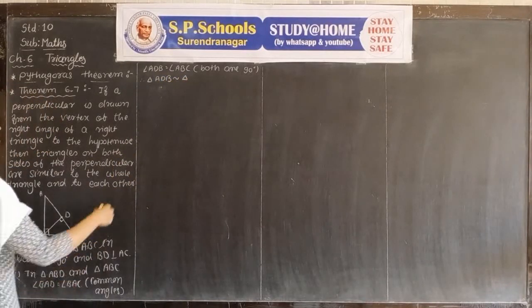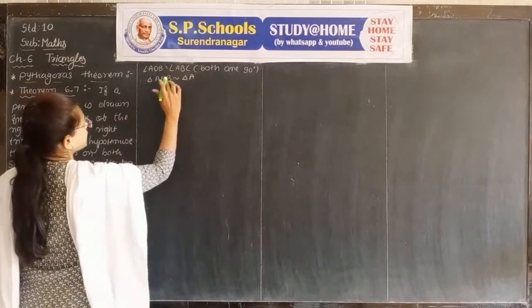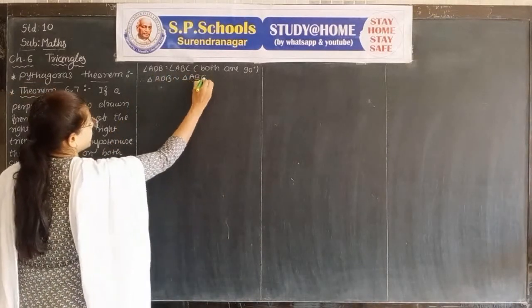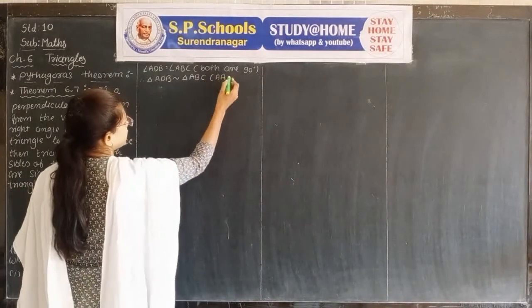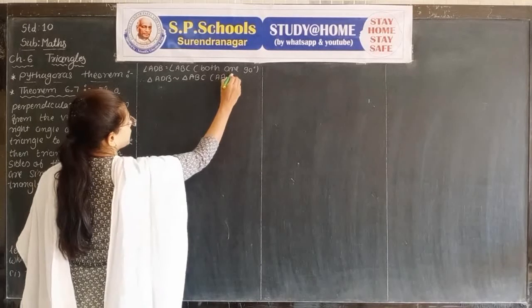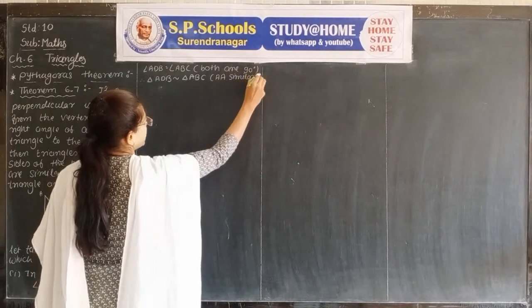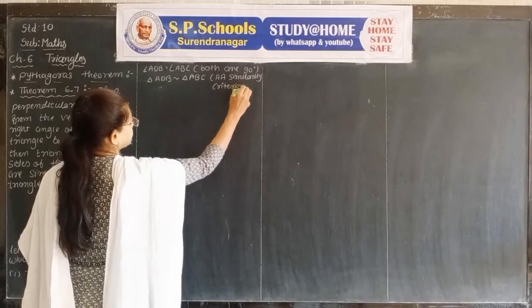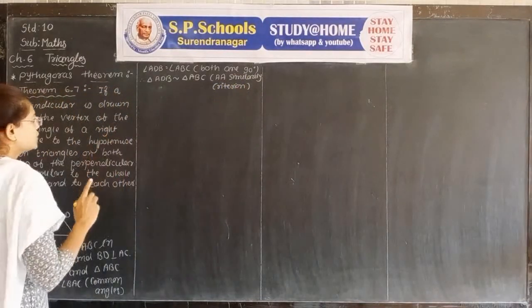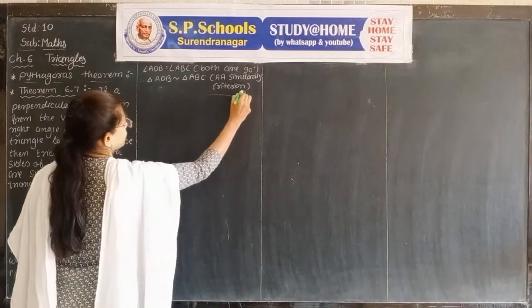A with A, the first is A, next D with B, the next is B, and the remaining vertex is C, because of the angle similarity criterion. The first is proved here. It is our result number 1.